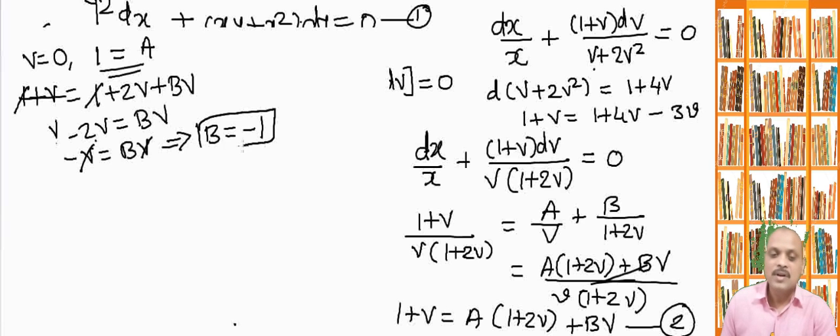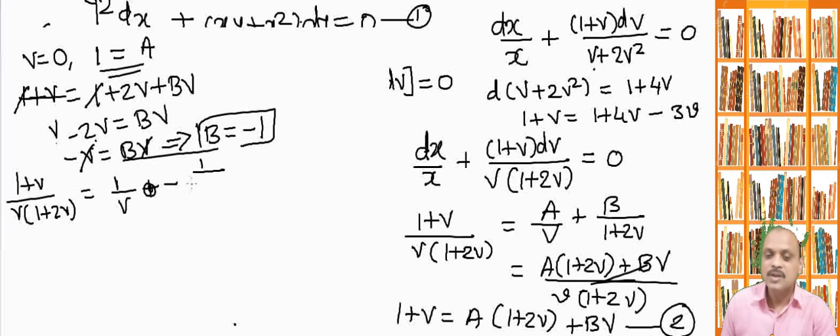v gets cancelled and we get b equal to minus 1. That means this term, 1 plus v divided by v into 1 plus 2v, we can write as 1 divided by v minus 1 divided by 1 plus 2v.